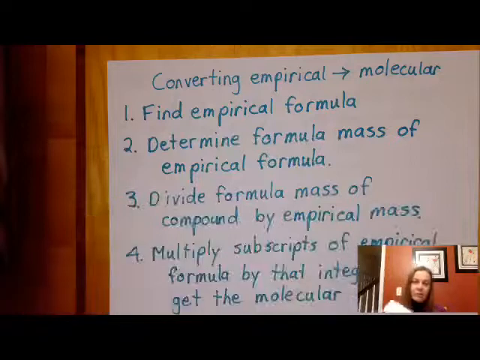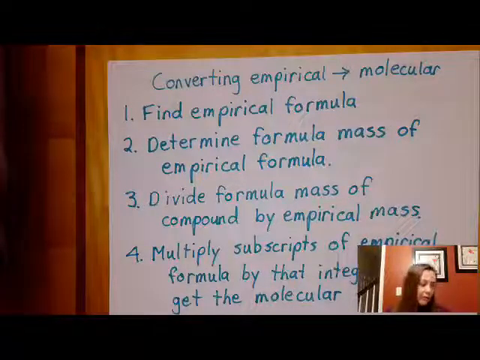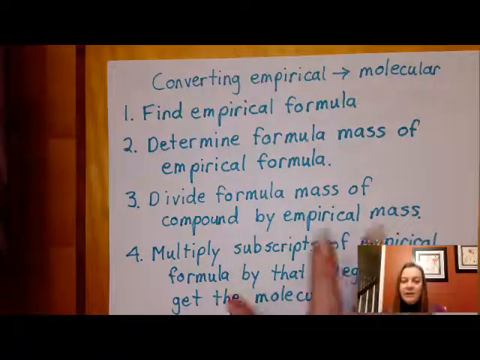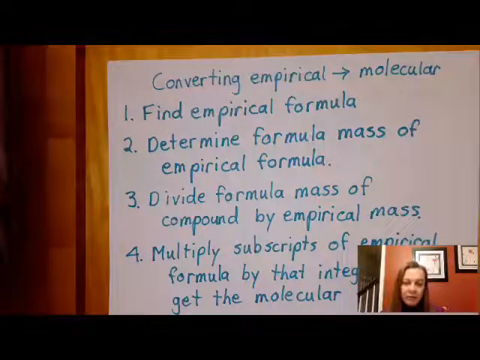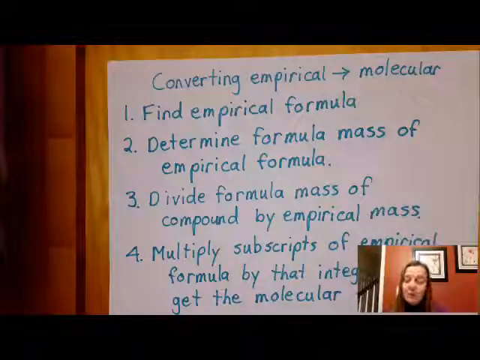So the first step in converting an empirical formula to a molecular formula is going to be to find the empirical formula. If it's already given, you're one step ahead. Your next step is going to be to determine the formula mass of the empirical formula, and then to divide that into the molar mass that you're given.